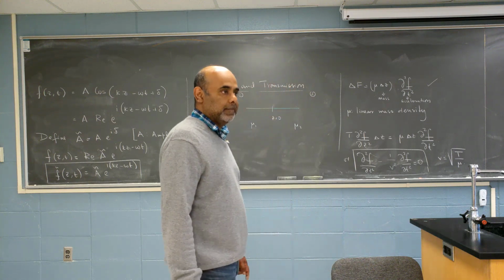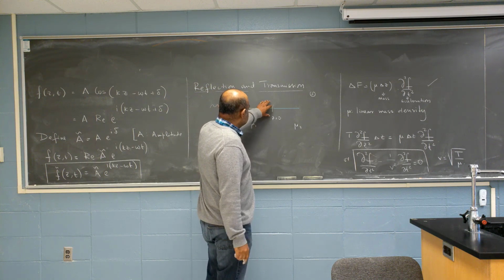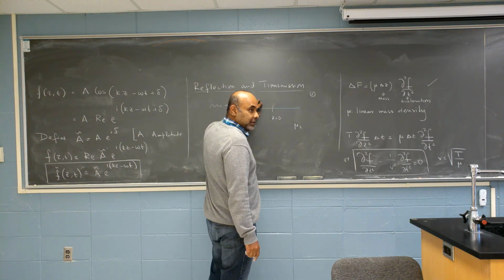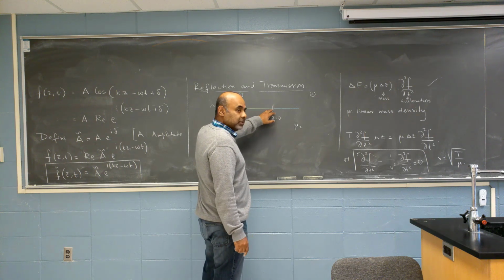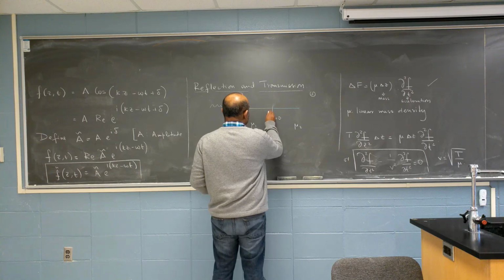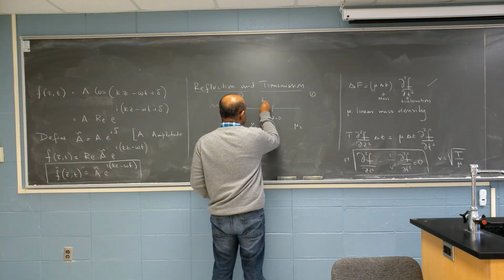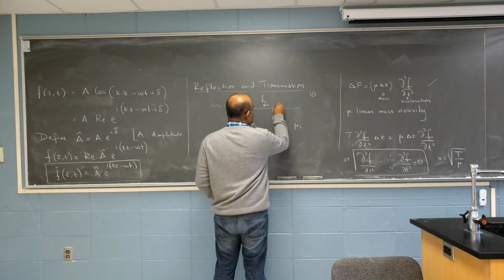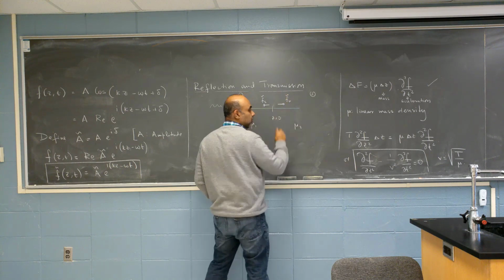Remind me, okay? And when this wave comes in here, some of the wave would reflect and some of the wave would transmit. You can easily imagine that this side will start wiggling as well. So as a result, here you will get a reflected wave and you will get a transmitted wave.